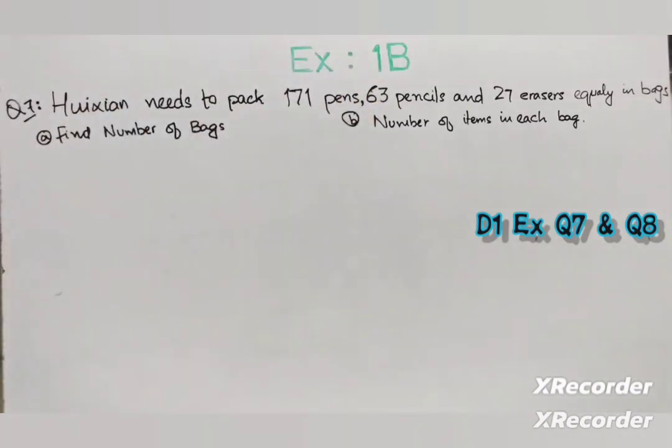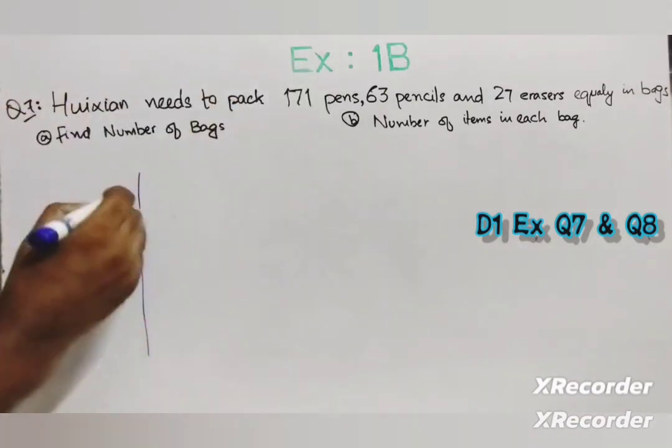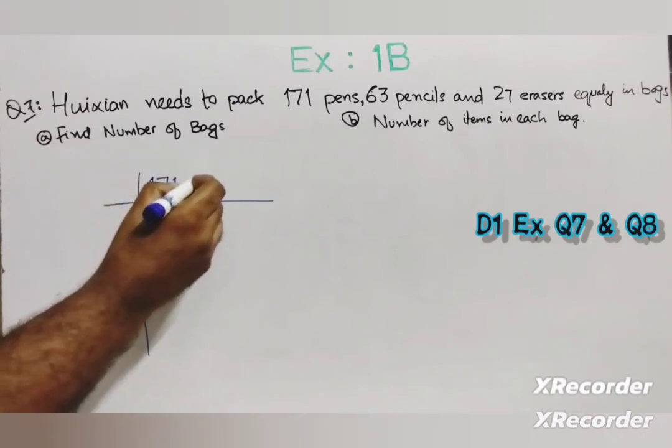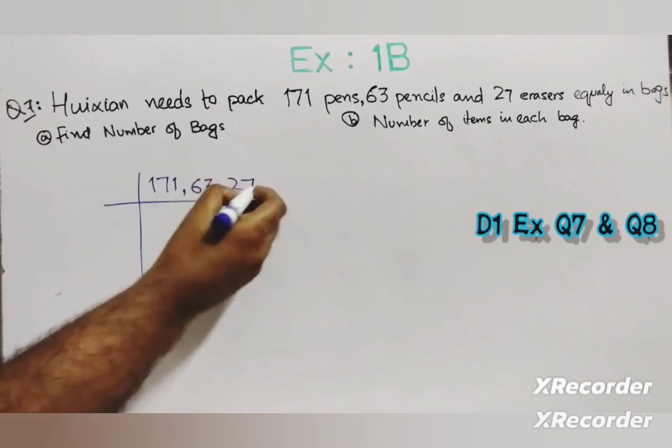There are two parts to the question. First of all, we have to find the number of bags he can make. In this regard, we take the HCF of these three numbers: 171 pens, 63 pencils and 27 erasers.